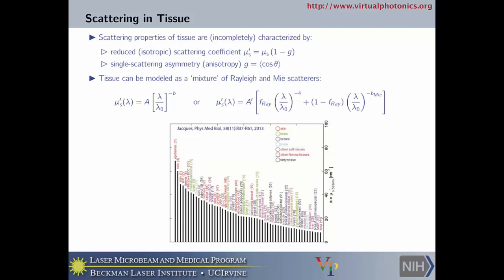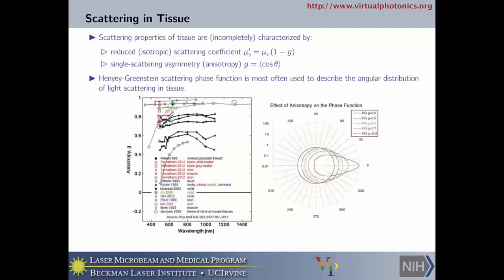The lowest scattering tissues are typically glandular tissues like breast or lung. And then, of course, the angular redistribution of scattering can be parameterized by the mean cosine of the scattering angle, the single scattering anisotropy, as a function of wavelength. And there are many people who have done experiments looking at how that might have a wavelength dependence.